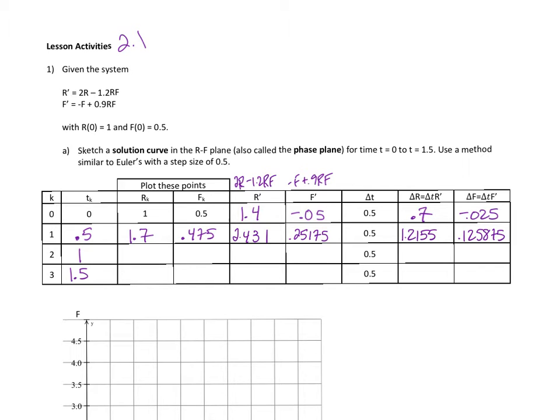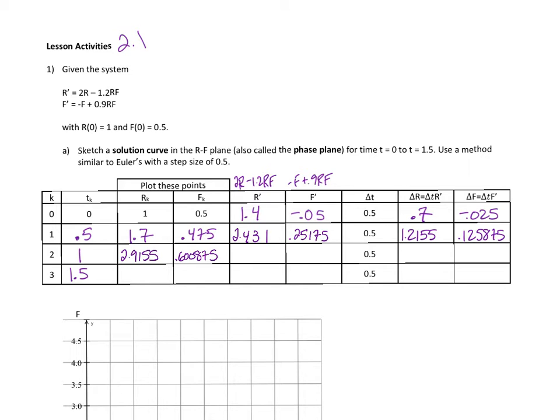Now, get my new r and my new f by adding the old r to delta r and the old f to delta f. So 1.7 plus 1.2155 is 2.9155, and my old f plus delta f is 0.600875.